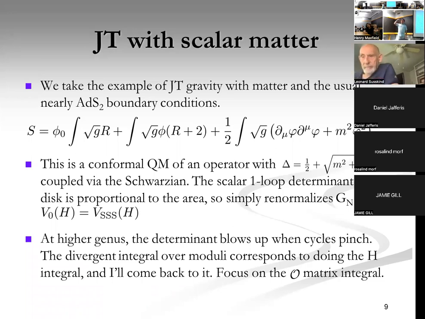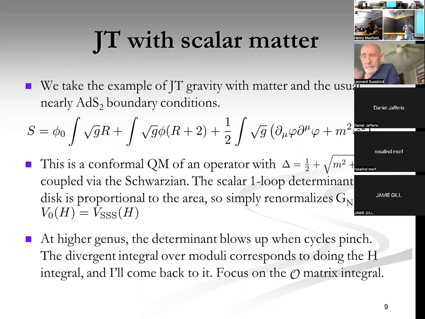It looks like the exponential of 1 over the size of the shrinking cycle, and that's a very bad kind of divergence. That divergence corresponds in the matrix model language to what happens when you do the integral over H. Okay, so I'll come back to it later.